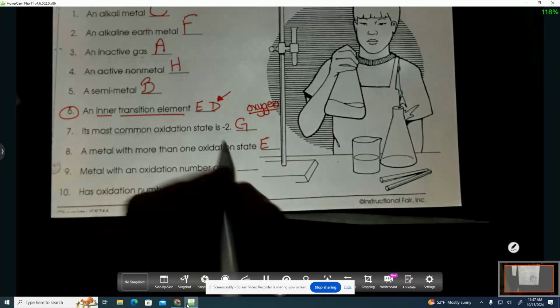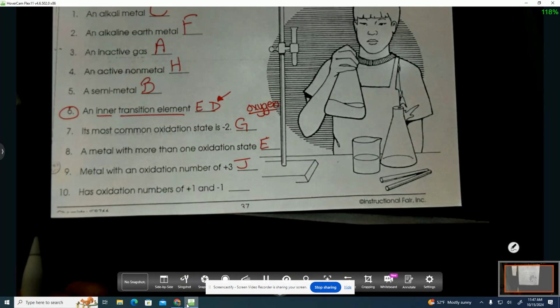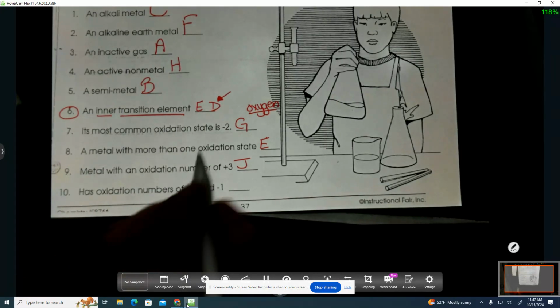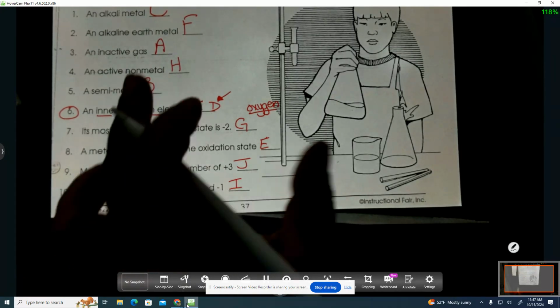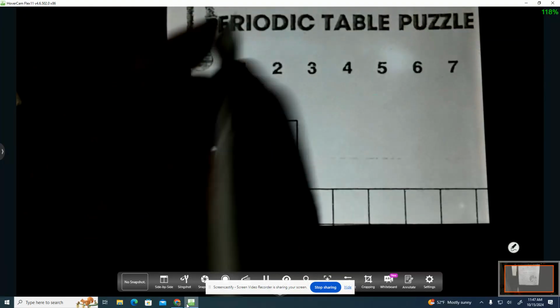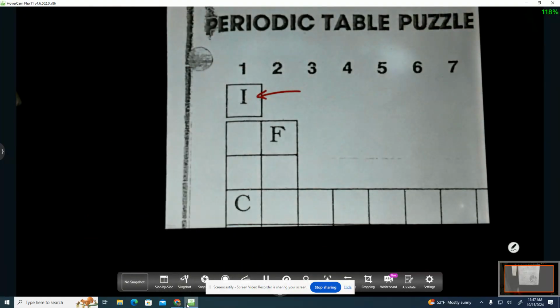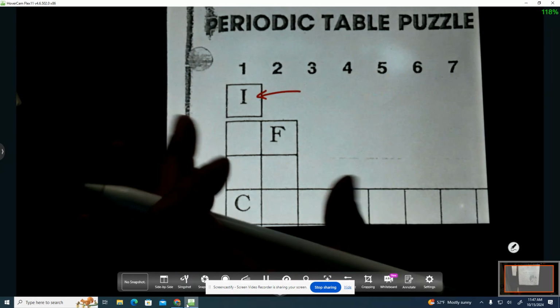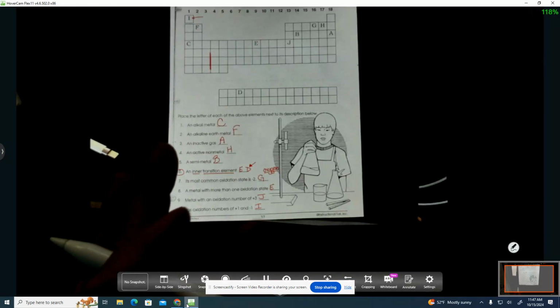J. And has oxidation numbers of both +1 and -1. I. That's hydrogen. Hydrogen can't make up its mind. It wants to act like a metal, wants to act like a non-metal. It doesn't know if it wants to give away its electron or grab another one. You know, hydrogen is one of those funky ones.